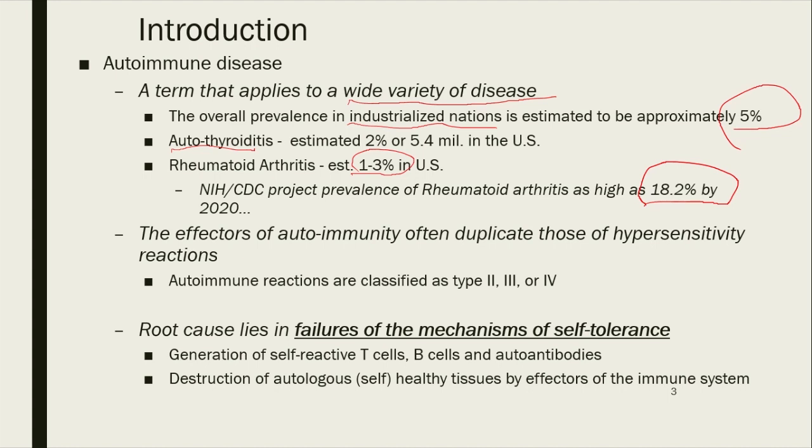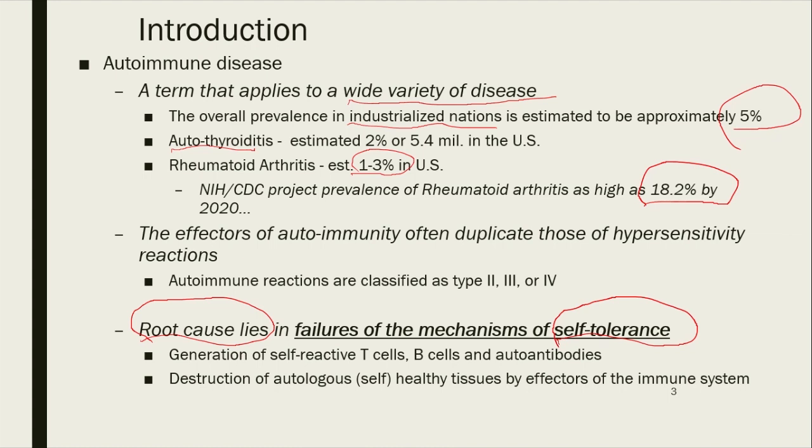Now the root causes, what are the main reasons for autoimmune disease? Collectively speaking, it's a failure of mechanisms of self-tolerance. Now we're going to talk about how B cells and T cells recognize ourselves, and if you recognize yourself but you cannot tolerate yourself, you start to attack yourself.